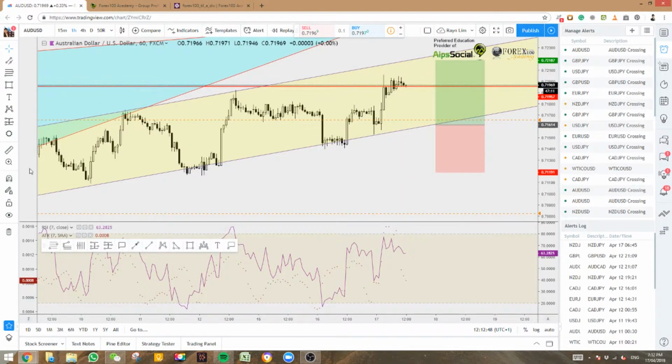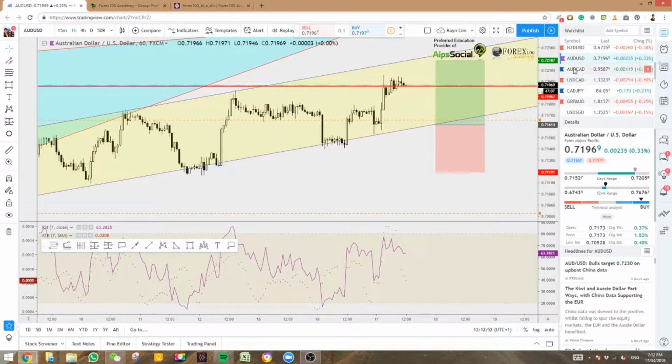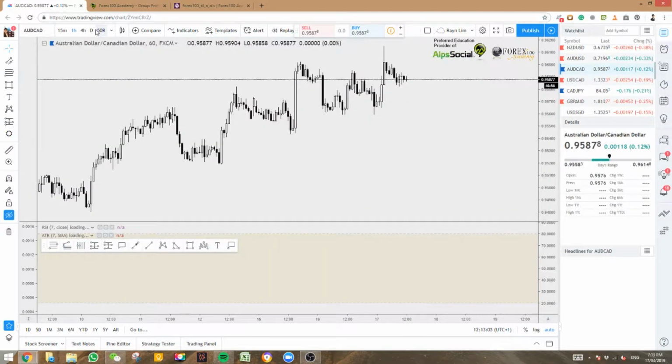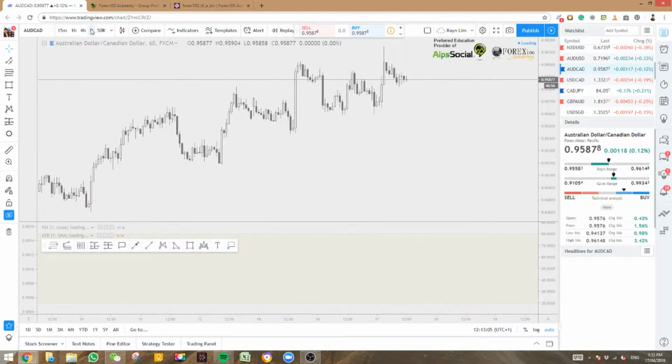Alright, so let's head down to the next currency pair, which is Australia CAD. Let me just downgrade the rating over here. So Australia CAD on the daily chart.